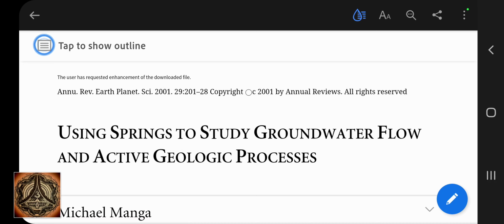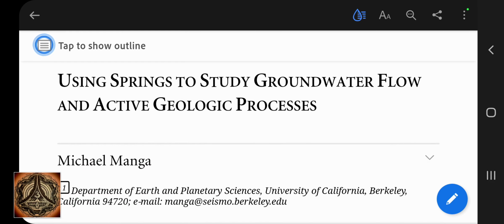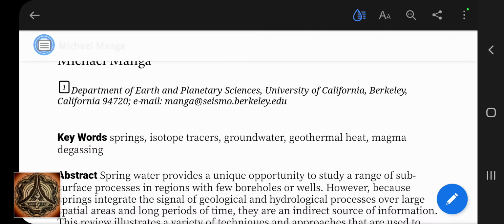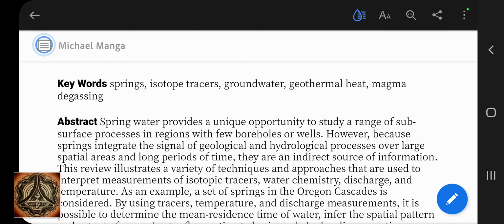Using springs to study groundwater flow and active geologic processes. Groundwater flow is an active geologic process, I think. Department of Earth and Planetary Science, University of California, Berkeley, California. Keywords: springs, isotope tracers, groundwater, geothermal, heat, magma, degassing.